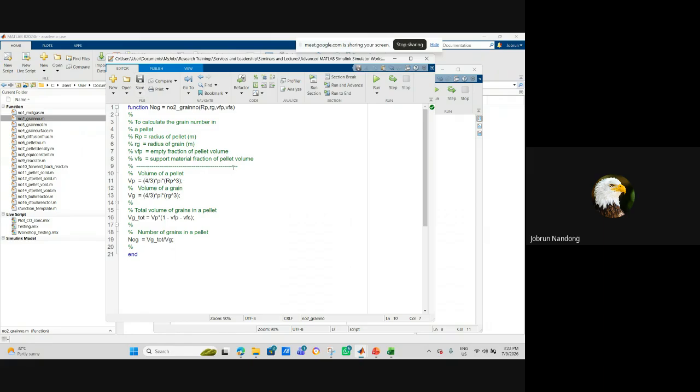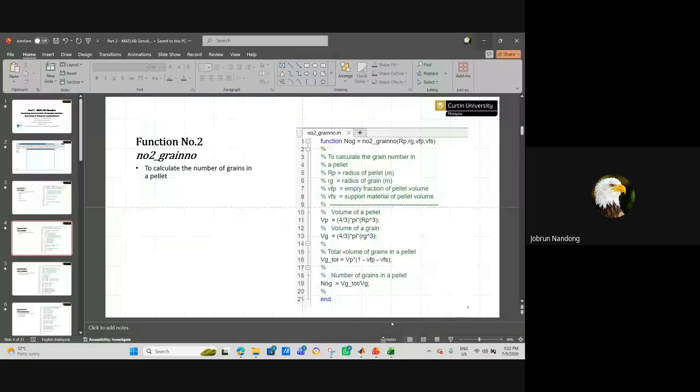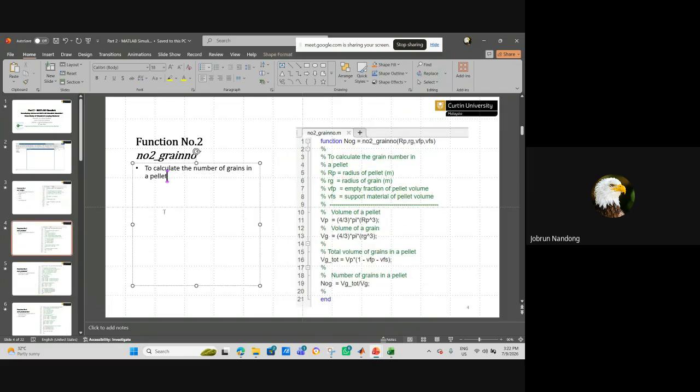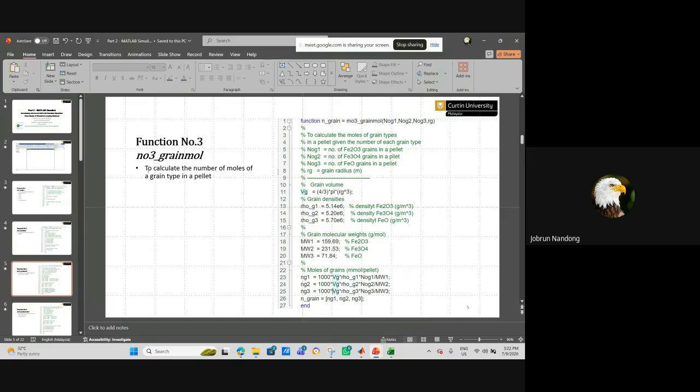So let's say we're done with that. We move on to the next one. Again, you can write a note here, but I don't, so I just move on to the script itself. Next one is function number 3, grain mole.